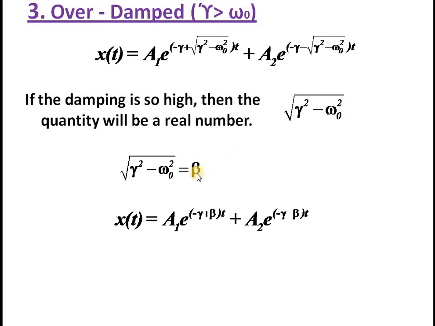Then you can rewrite the equation as x of t is equal to a1 e raised to minus gamma plus beta t, and so on. Beta is less than gamma, so this net value will be negative. Similarly, for the second term, minus gamma minus beta, the net value is negative. So both are negative in quantity.